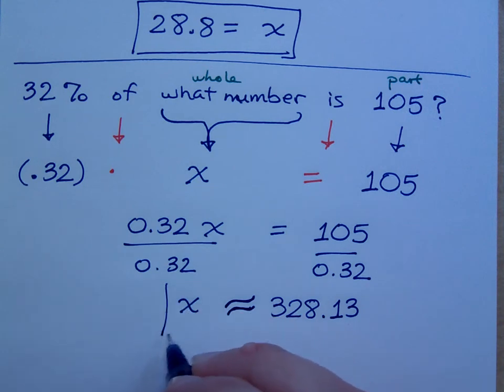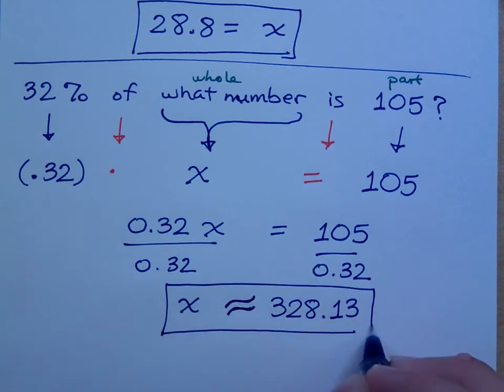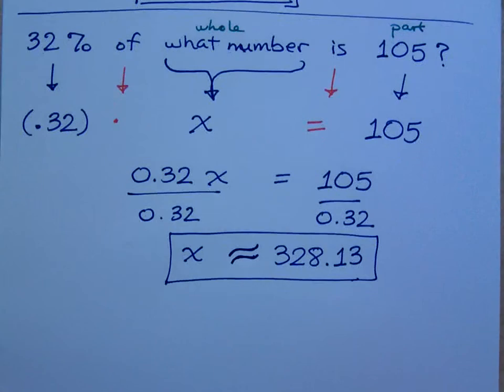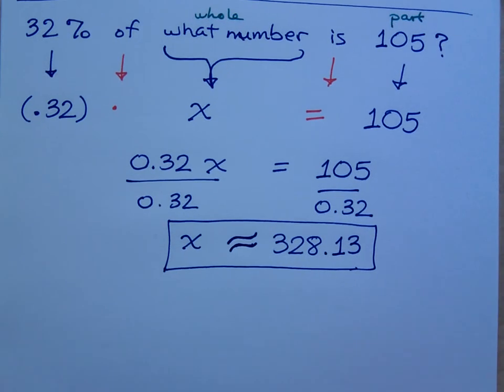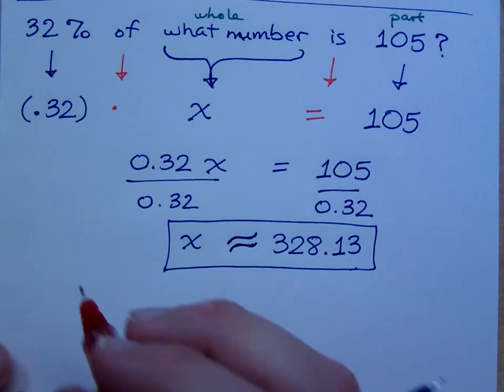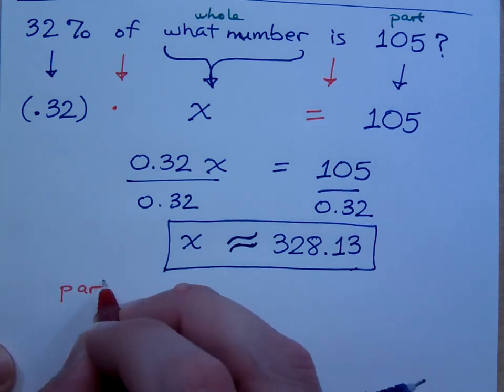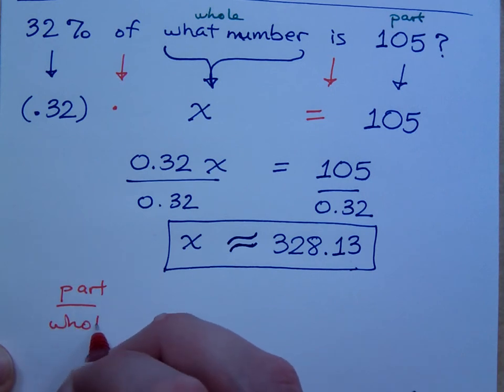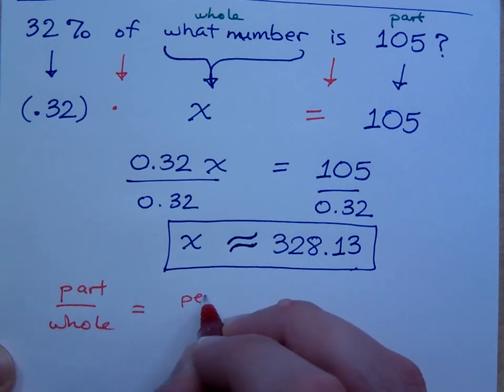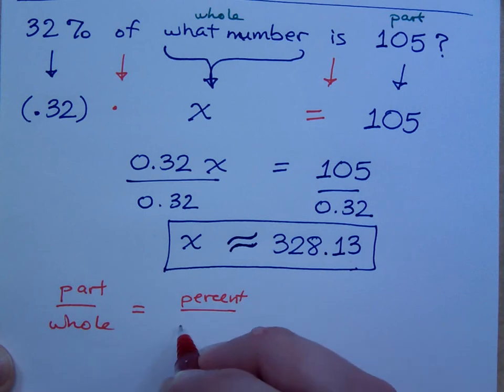Now, just so that you know that I'm not lying to you, I want you to redo this and set this up using the percent proportion. Remember, the percent proportion says take the part to the whole, and that is your percent out of 100.